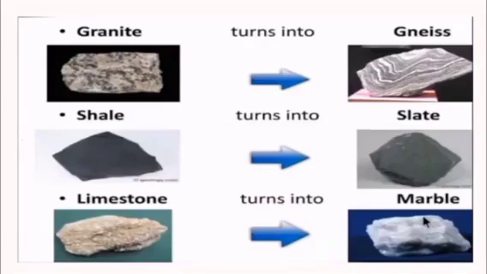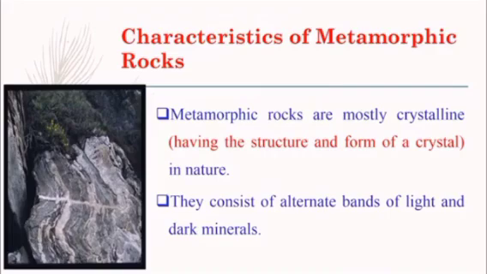The granite, when it is subjected to high pressure, will get transformed to gneiss. Similarly, the shale, when it is subjected to high temperature, will get transformed to slate. Similarly, limestone will turn into marble. Finally, we are going to learn about characteristics of metamorphic rocks.